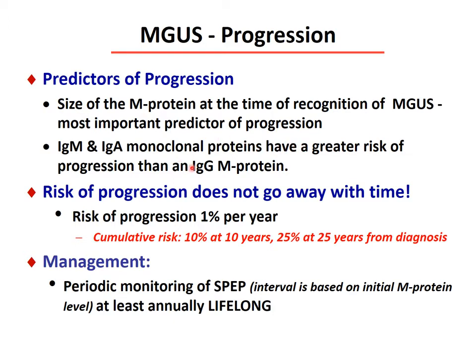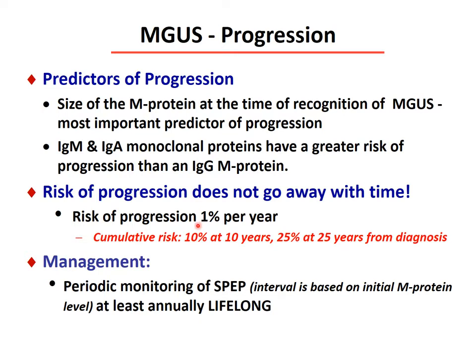Or if you do have IgG, relatively the chance is less to progress. This progression risk is relatively constant. It's usually about 1% per year, meaning about 10% in 10 years or 20% in 20 years. This is how they are going to progress.